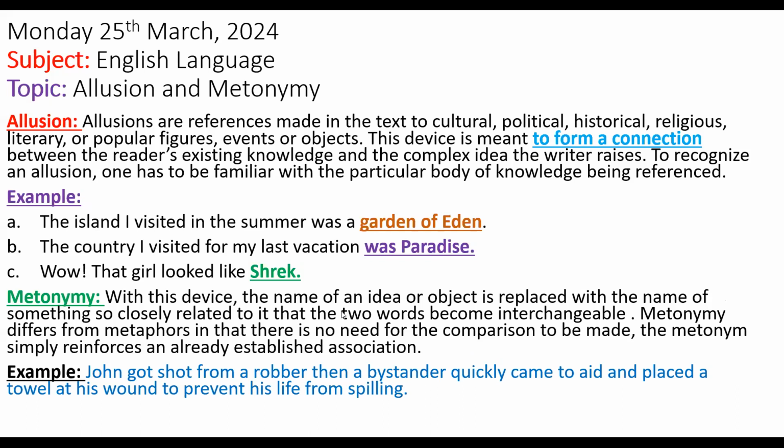With this device, the name of an idea or object is replaced with the name of something so closely related to it that the two words become interchangeable. Metonymy differs from metaphors in that there is no need for the comparison to be made. The metonymy simply reinforces an already established association. Example, John got shot from a robber, then a bystander quickly came to aid and placed a towel at his wound to prevent his life from spilling. Very good.